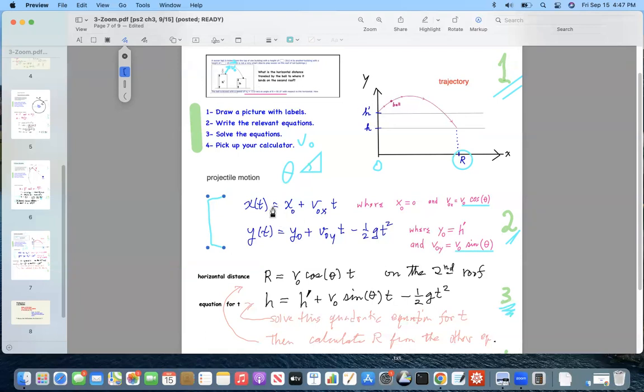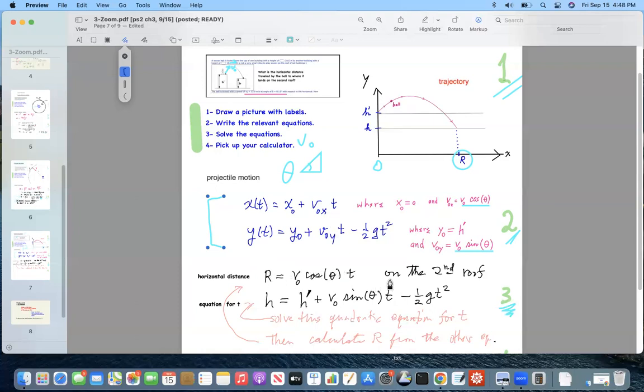So I have 2 unknowns, I better have 2 equations. And now what I'm looking for is r. So if I think of t as the time when it hits the other roof, then x at time t is r. And x0 is 0, and v0x is v0 cosine theta times t.